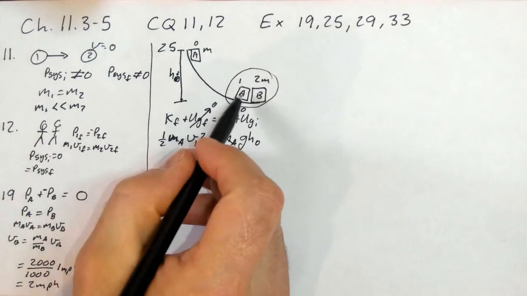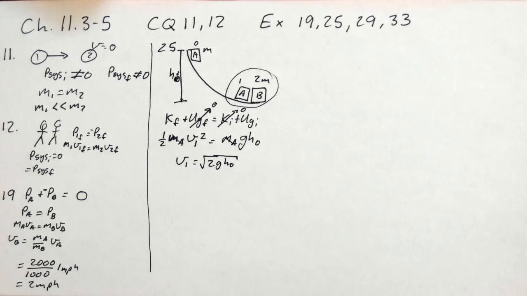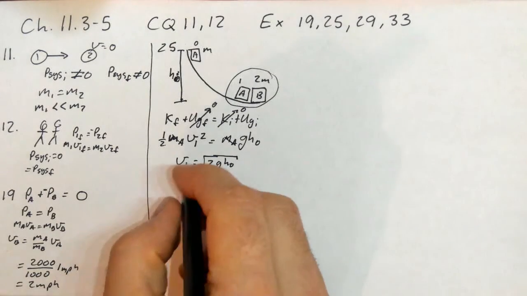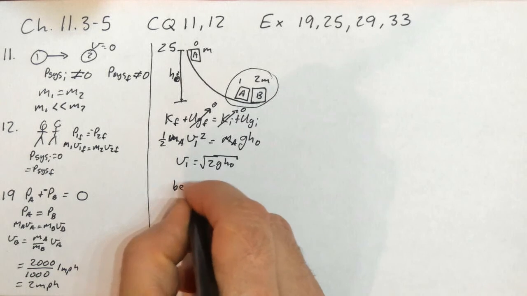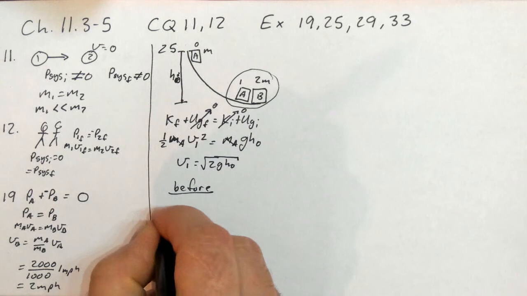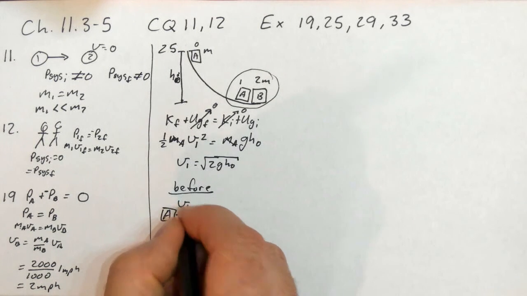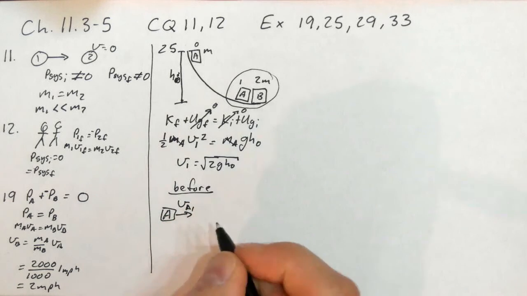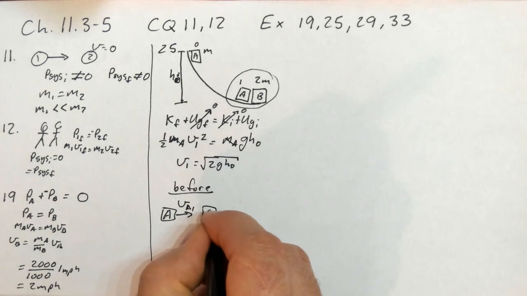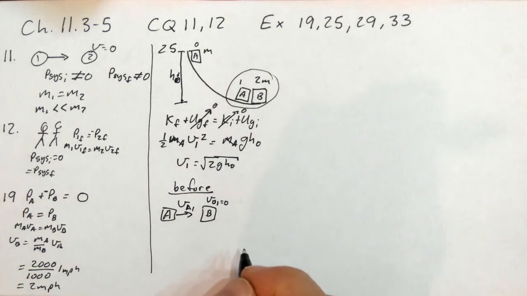Now that you know the velocity of this box right here, this one's 0, how are you going to set this one up? Okay, so your picture ought to have a before and after. You have a before, and A is moving with this V1, I'm going to call VA1, and B is sitting there with VB1 equals 0.